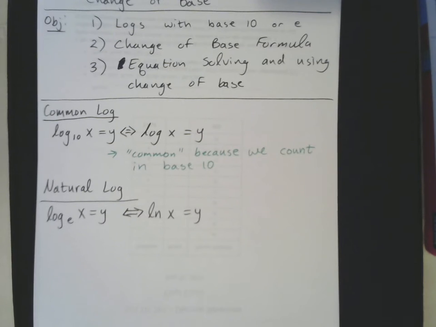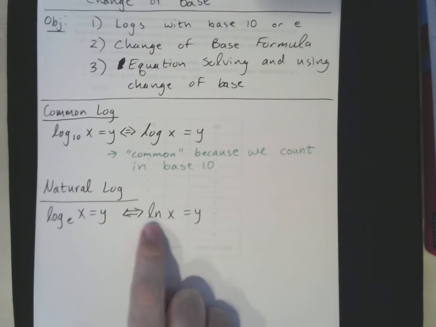It is one of several transcendental numbers. Remember, transcendental is simply a non-repeating infinite decimal number. So pi is the other famous transcendental number. Those are not constructs of human brain power. They are ratios that we have found in nature naturally. And so that's why this gets the natural log.